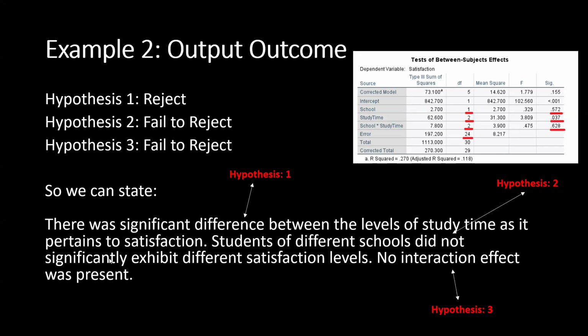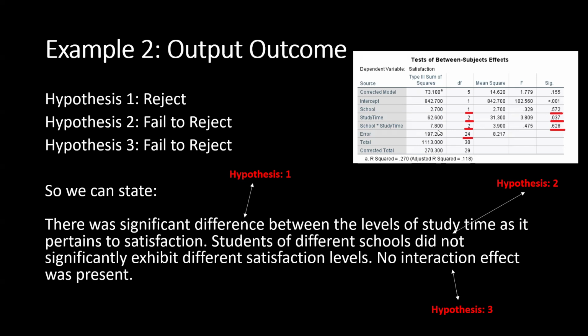Students of different schools did not significantly exhibit different satisfaction levels. Why is that? Well, let's take a look at school. So school for significance is 0.572. 0.572 is greater than our alpha value of 0.05, so we will fail to reject the null hypothesis. So students of different schools did not significantly exhibit different satisfaction levels.